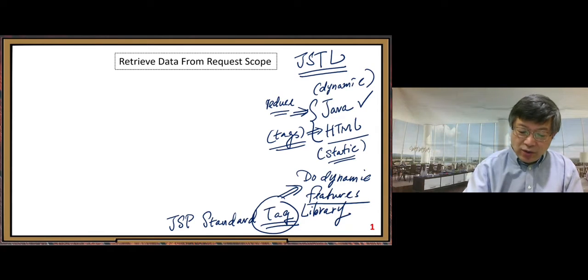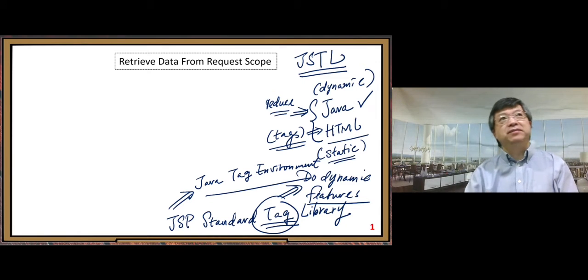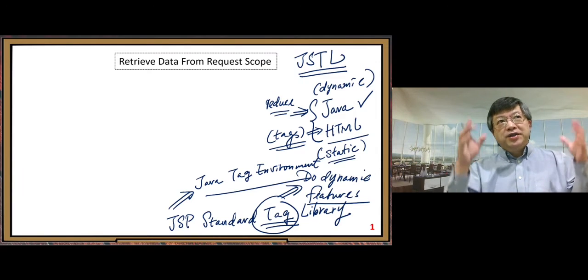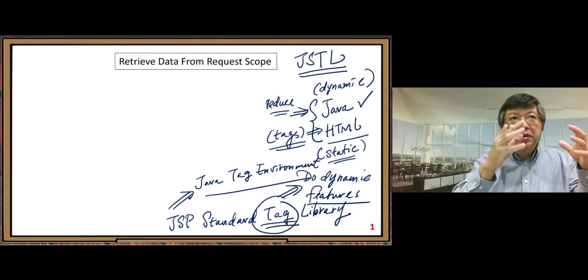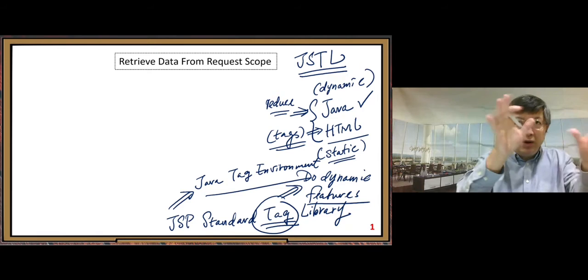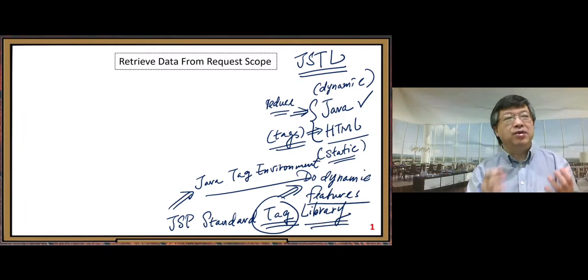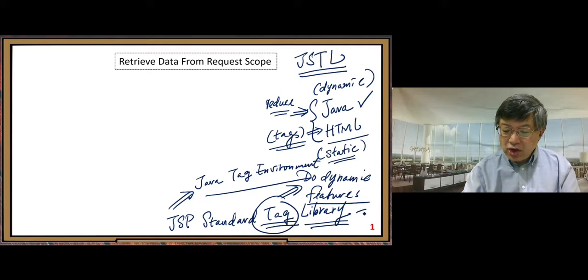So this basically provides a Java tag environment. Okay, so that's the idea. You can use Java to build your special tags. Those tags are grouped and put together to make a library, a jar library file.